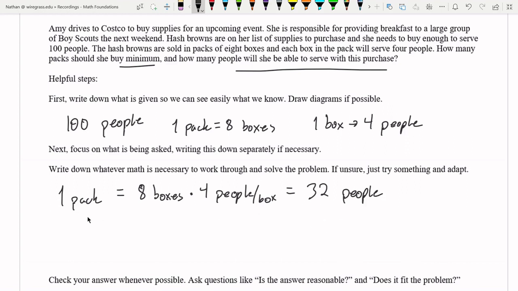So 1 pack serves 32 people. And the question is, how many packs are needed? How many 32 portions fit into 100? That's the same thing as dividing.